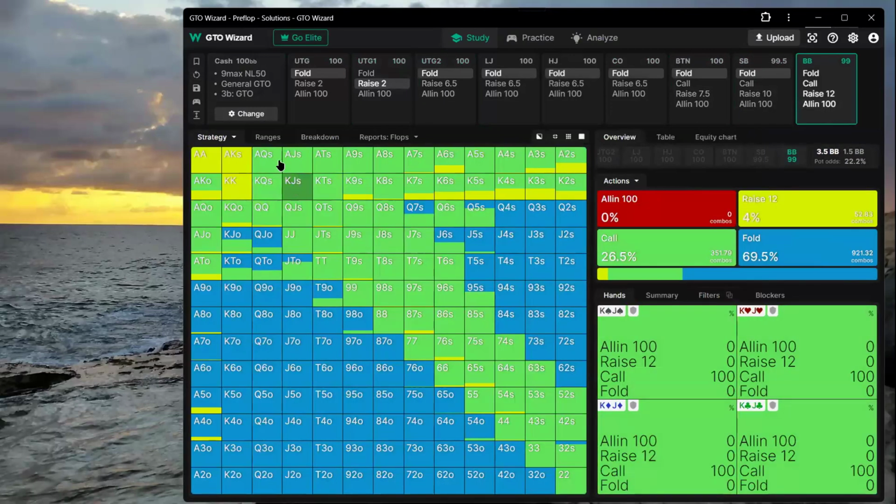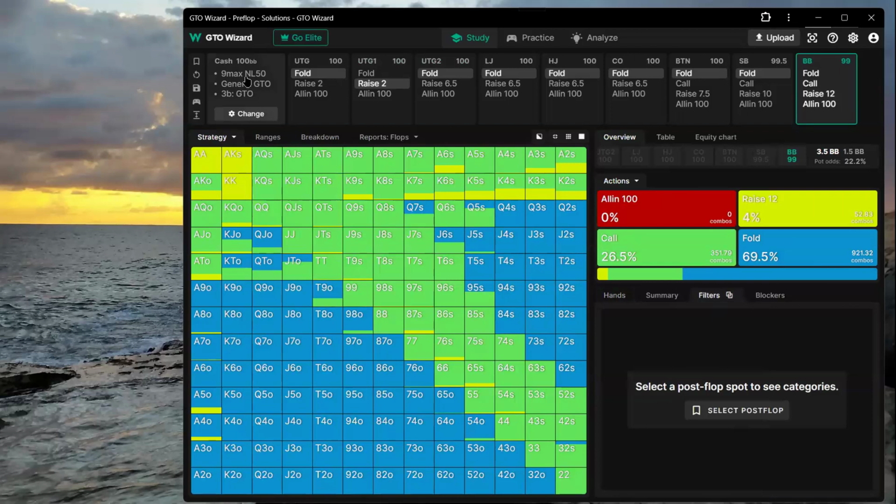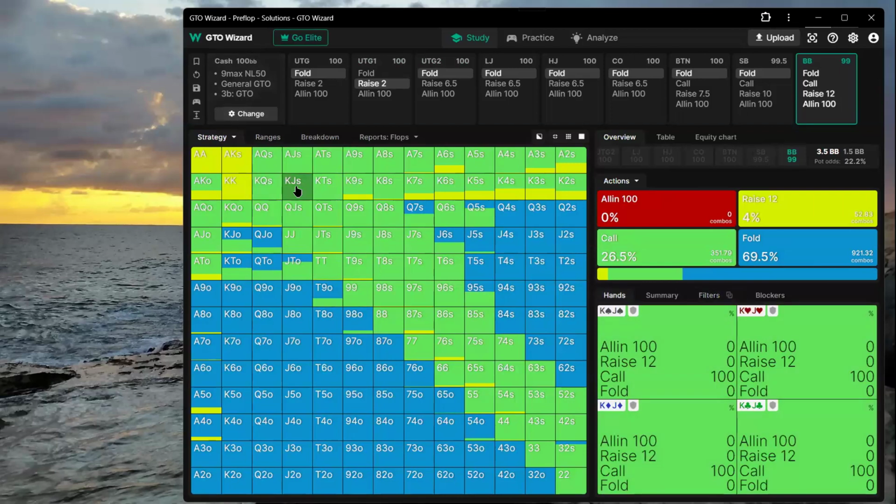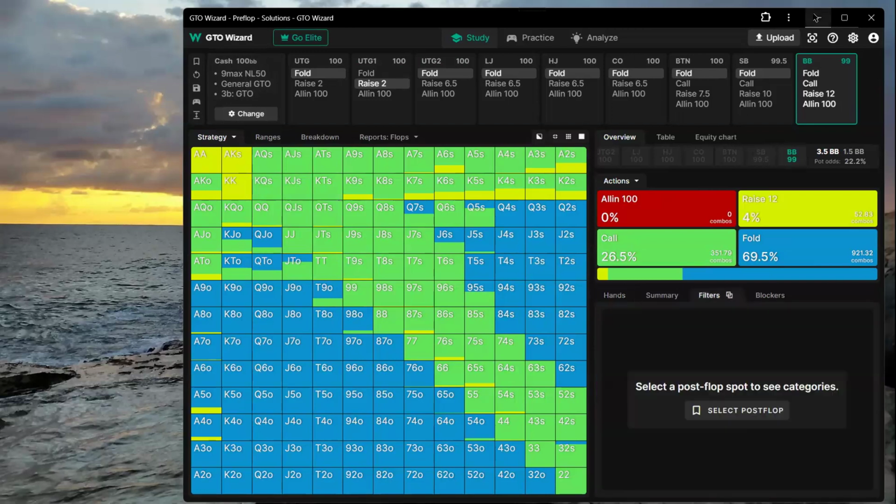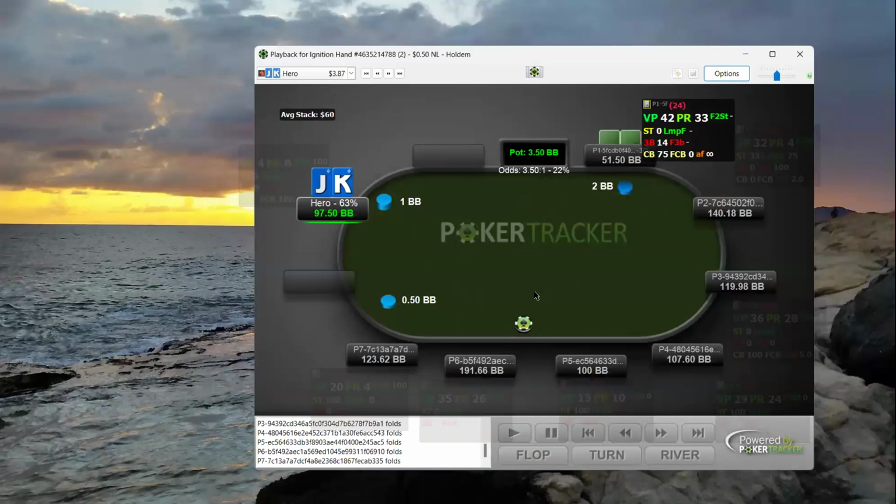Right, and at 2.5, this 9 max chart, go over King Jack suited again. There's 0, 100, 0 here. Queen Jack suited has a tiny sliver. Yeah, I'm hitting that 100%. I like to call with the suited ones.